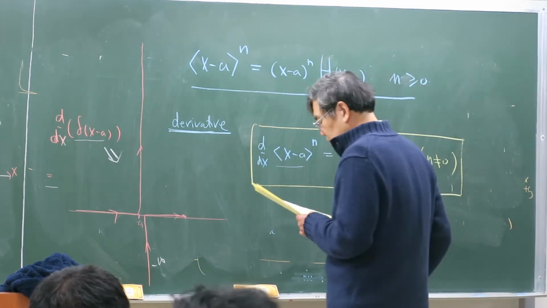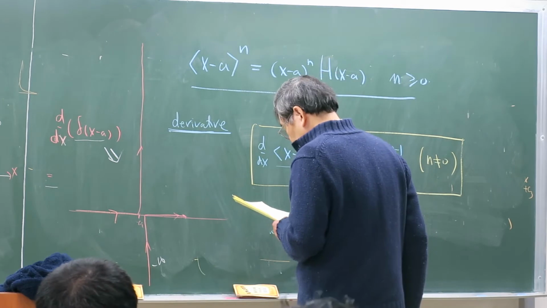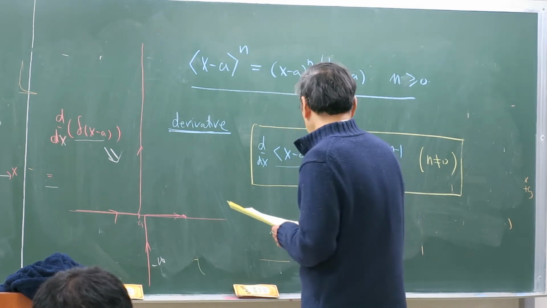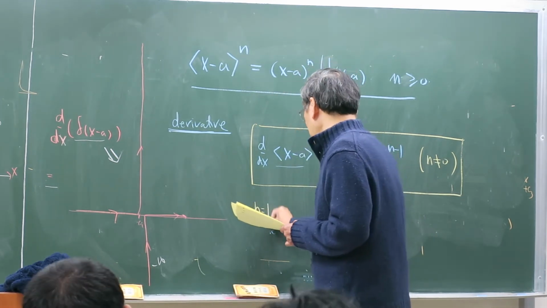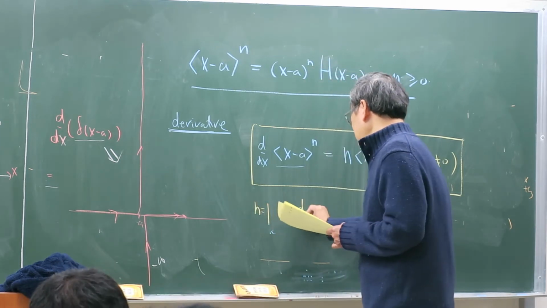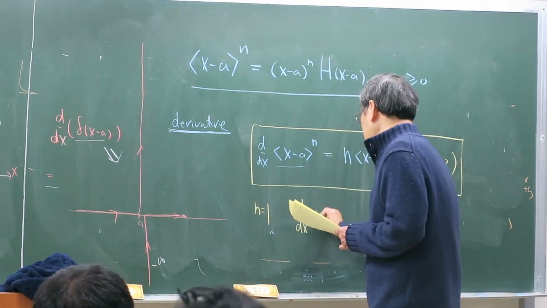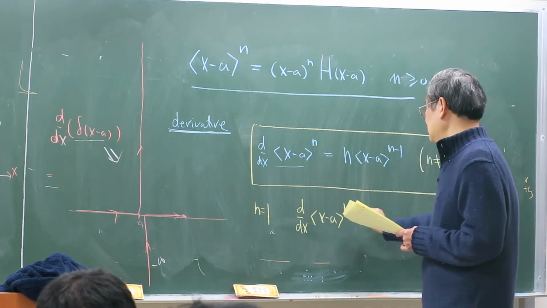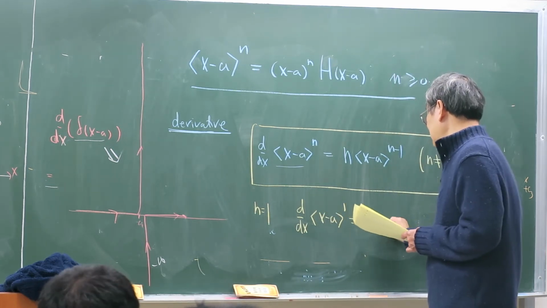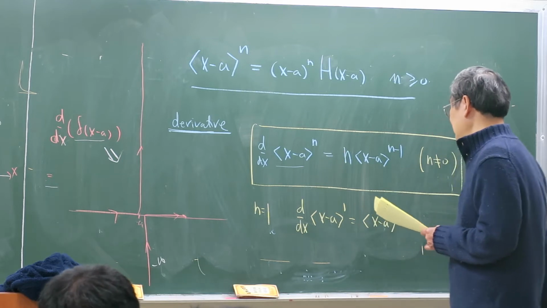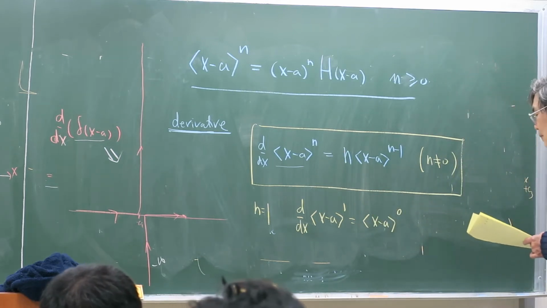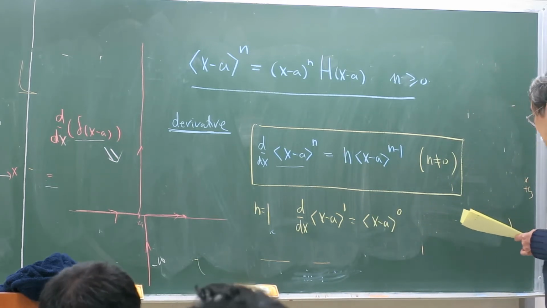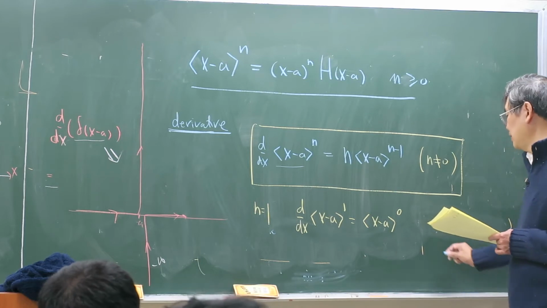Then, for n equal to 1, that means d/dx of (x − a)^1 is equal to (x − a)^0. So what's (x − a)^0?